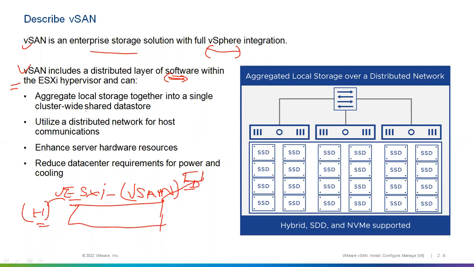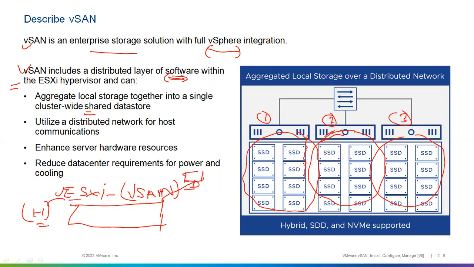So what it means is, you can see here, this is my ESXi host 1, this is 2, this is 3. Whatever the local storage is, you can assume it here: this is the local storage of the first ESXi, this is the second, and this is the third. Once you enable the vSAN feature, that's what we call a vSAN cluster, it will be aggregating.